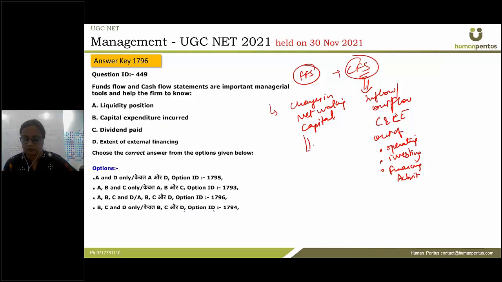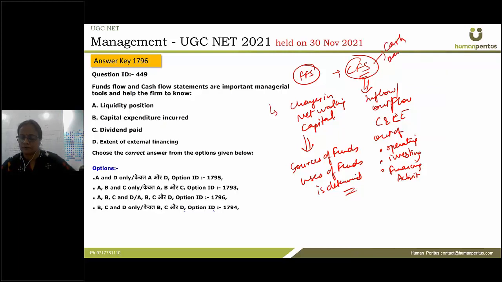And in this fund flow statement, again, various sources of funds and their uses or application of funds is determined, right? So both of them help to determine liquidity position. Although CFS is more informative about liquidity position, because it is prepared on cash basis, right? And FFS is prepared on accrual basis, right?